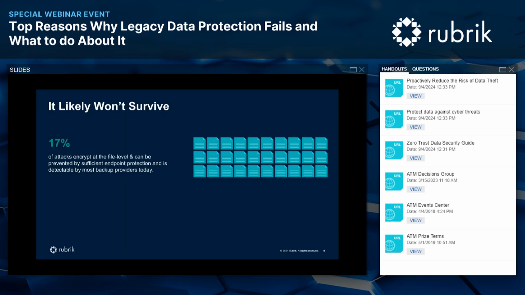But the news flash for you all is that if you're looking for a file-based encryption attack, you're looking for the wrong thing. Only 17% of attacks reported to our ransomware response team in the last year were the traditional file level attack. And this is, in my experience, 170 plus responses.